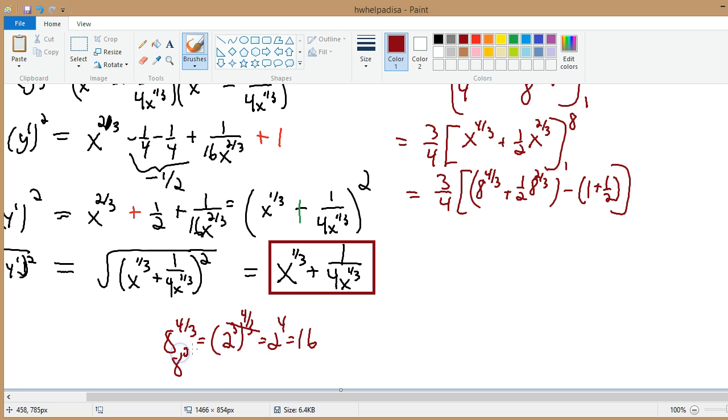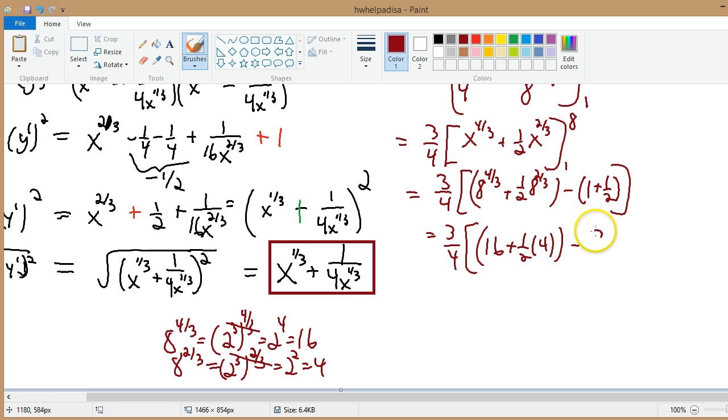And 8 to the 2/3 is 2 squared, which is 4. So we'll have 3/4 of 16 plus half of 4 minus 3/2. That's an 18. Minus 3/2.